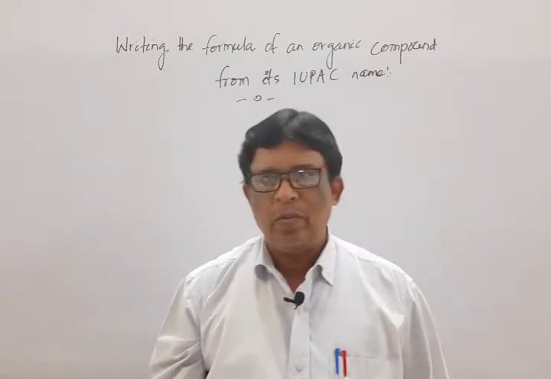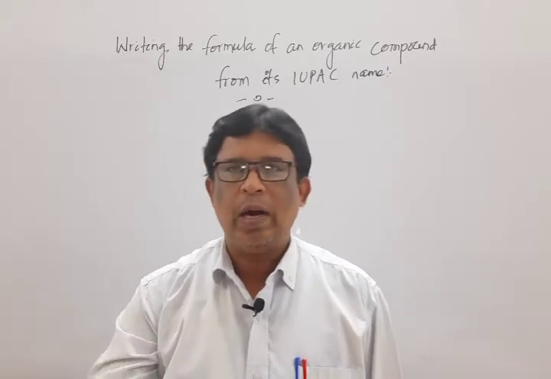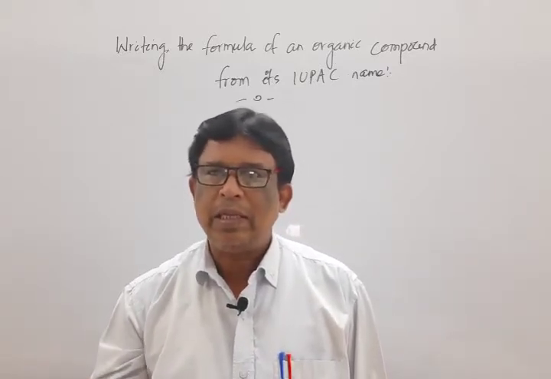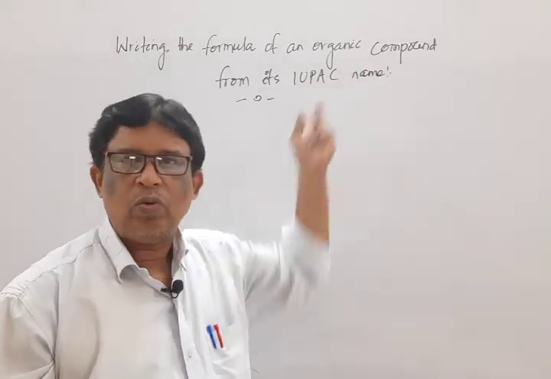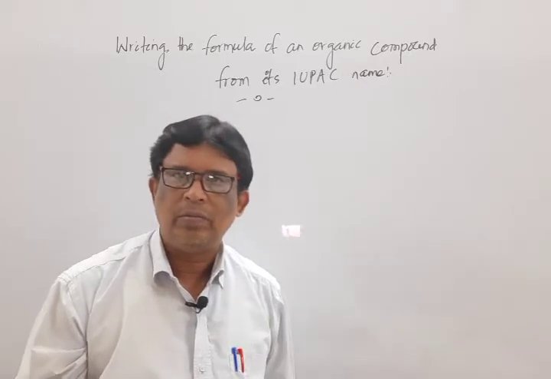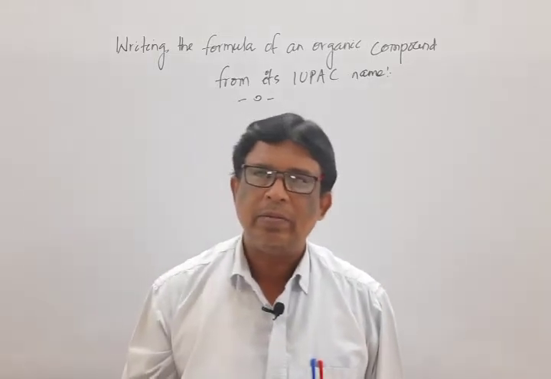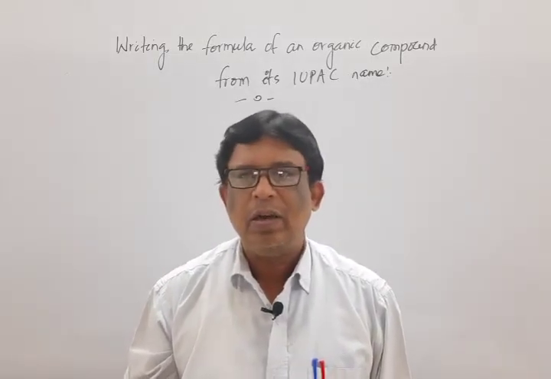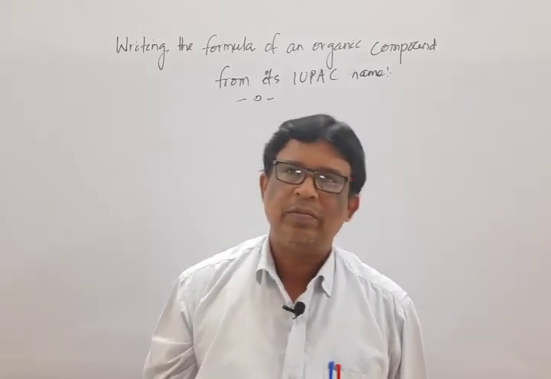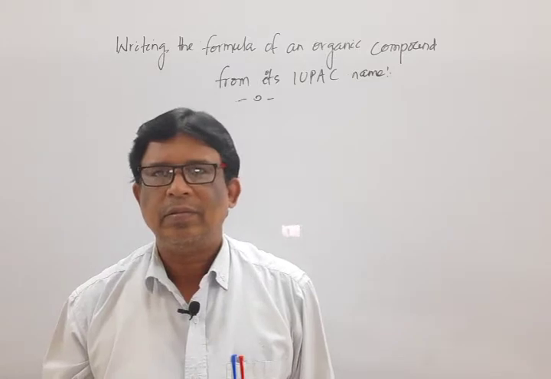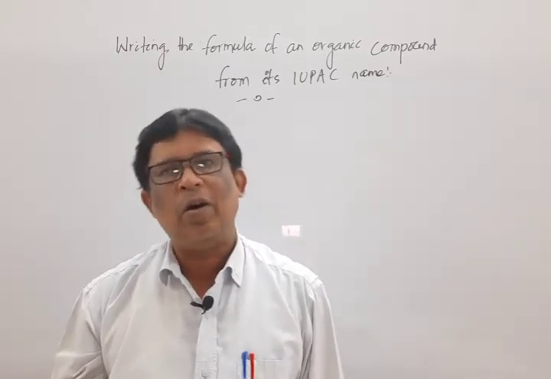Remember, one by one. First thing, mark the root word from the IUPAC name. In this case, I repeat again, the IUPAC name is given to you, you have to write the formula. Next, point 1, we have to focus on the root word or word root. How many carbon atoms are there? Next, number the carbon atoms from either side, either left to right or right to left.